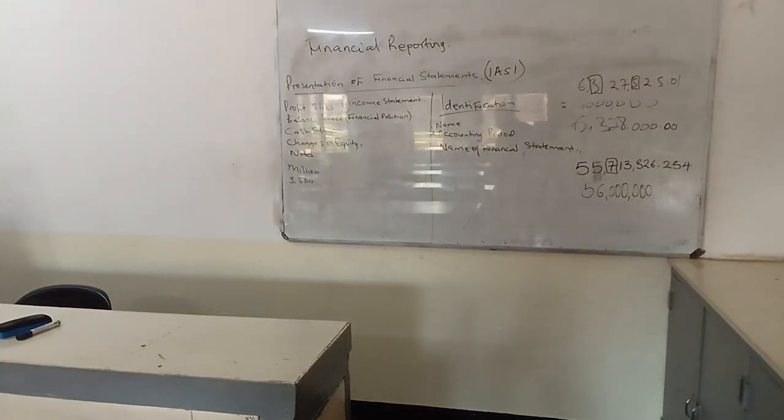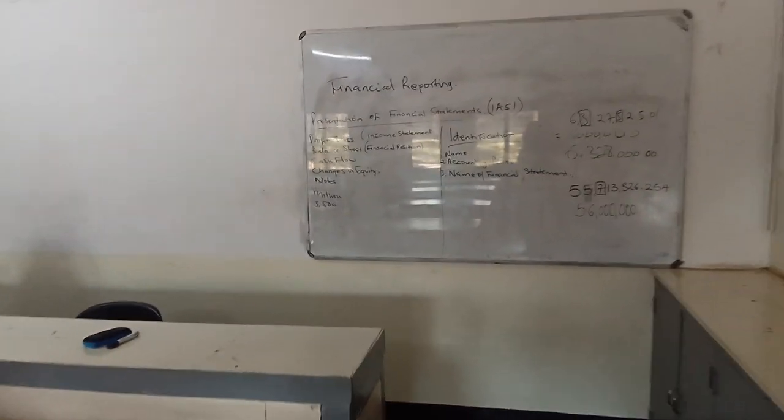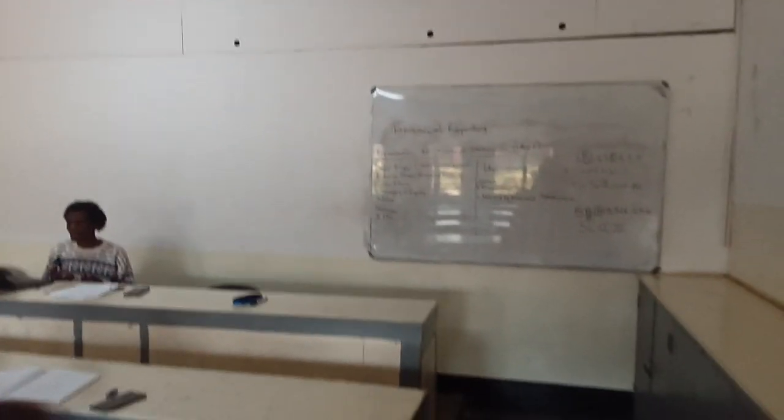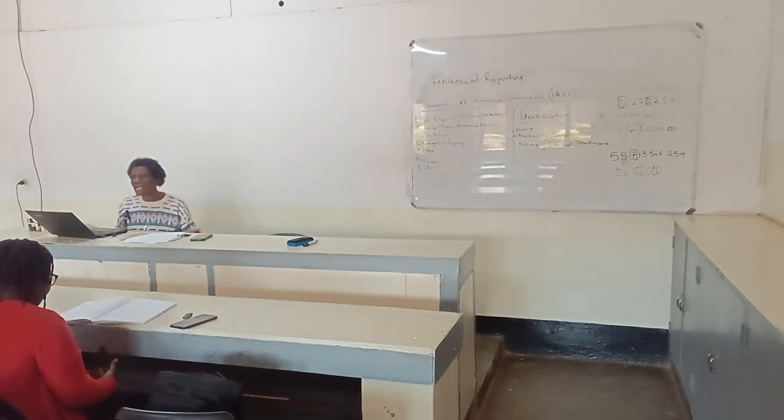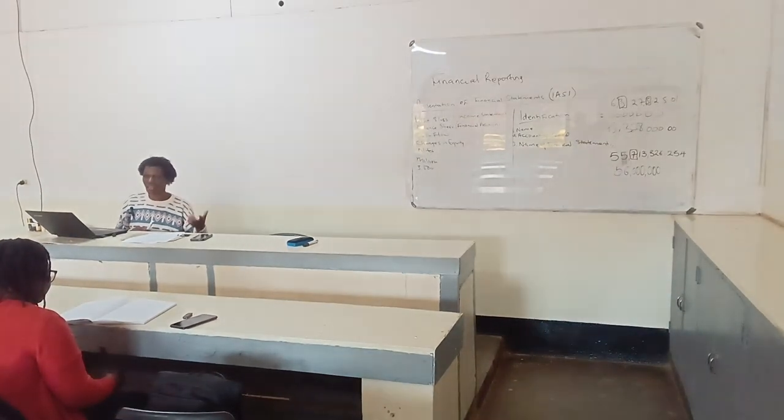Reporting period. Can anyone explain to us the reporting period of the financial statements? How should it be? It can be annually. In fact, it's normally annually, because as we have already said, the balance sheet is at the end of the year.